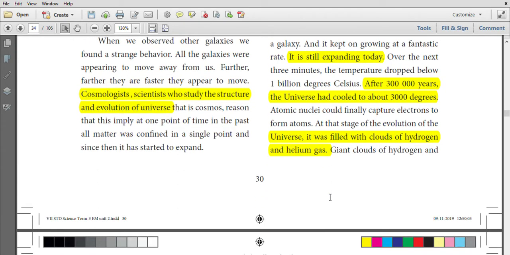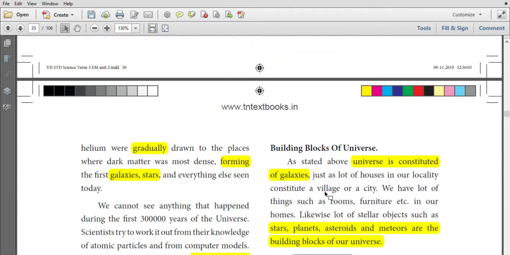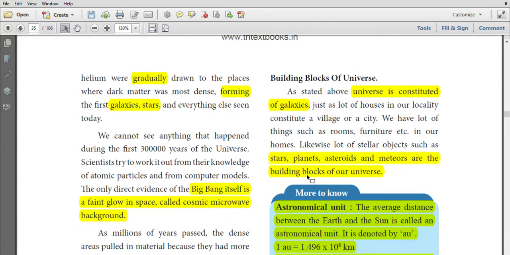Gradually, the helium and hydrogen gas became denser, forming the galaxies and stars. The Big Bang left a faint glow in space called the cosmic microwave background.